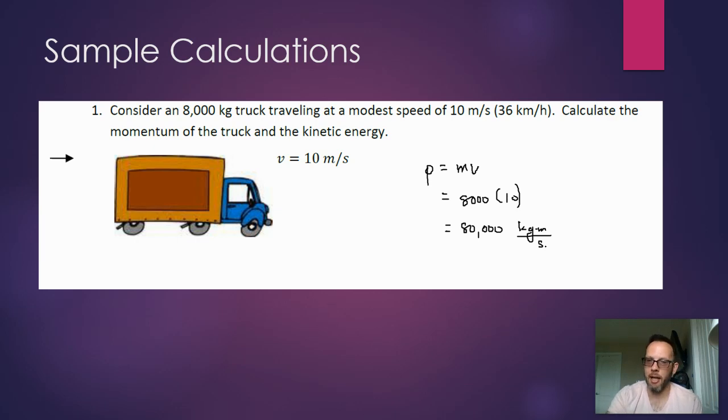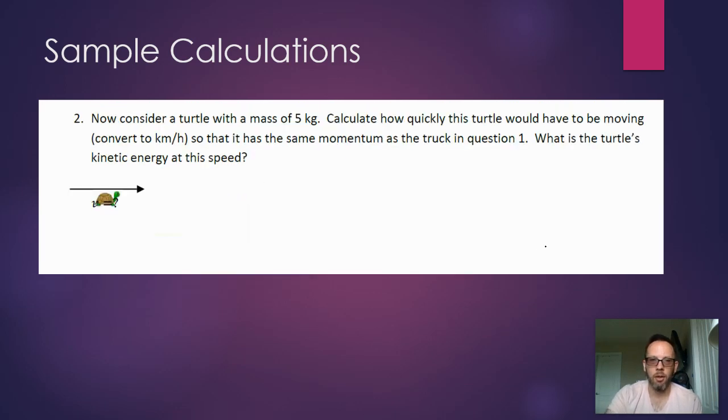Let's play around with this number a bit. Consider a turtle with a mass of 5 kilograms. What speed will this smaller turtle have to have to have the same momentum as the truck in the previous question? If p equals mv, we can get v by doing p over m.